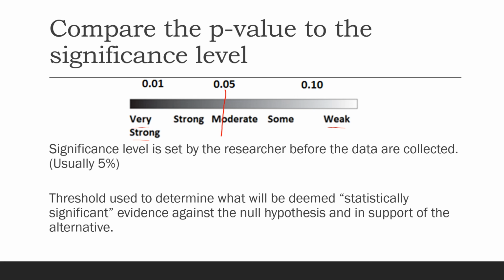against the null hypothesis. So if we have a situation where the p-value is less than this threshold that we create, then we say we reject the null hypothesis. If the p-value is greater than the level that we select, then we say the evidence is too weak and we fail to reject the null hypothesis.